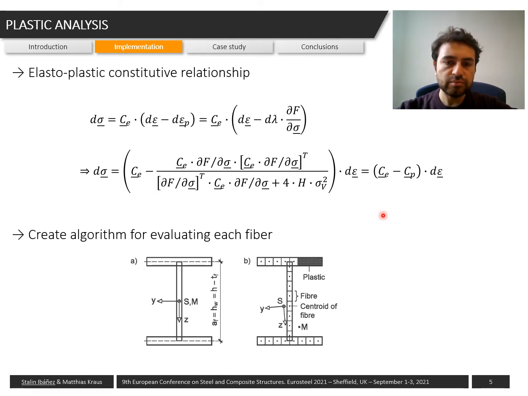This algorithm is implemented in the cross-section by defining the cross-section by line elements. These line elements are divided into small fibers, and in each fiber we evaluate the current strain state, and with this strain state we calculate the corresponding stresses.